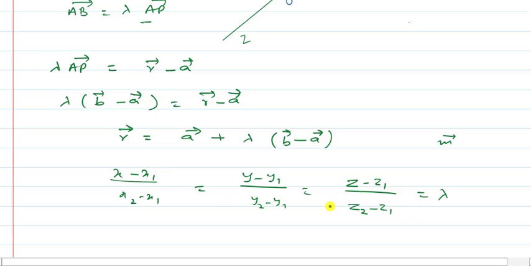So this is the Cartesian equation of line which passes through 2 given points, and this is the vector equation of line which passes through 2 given points.